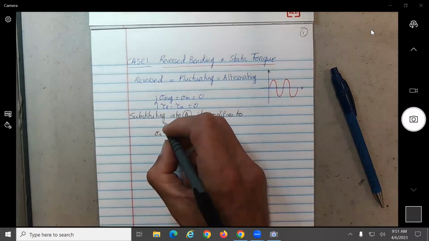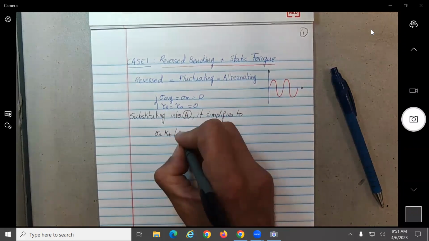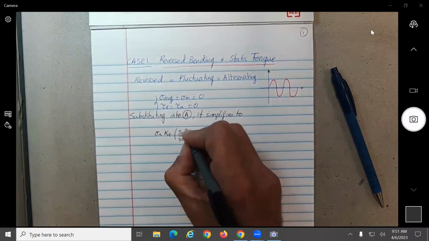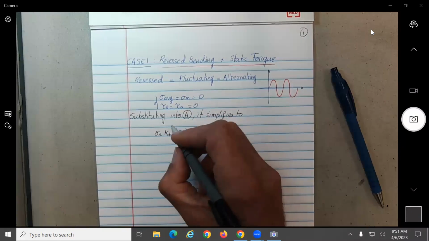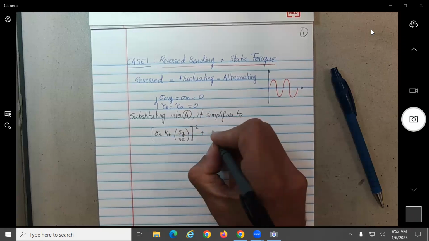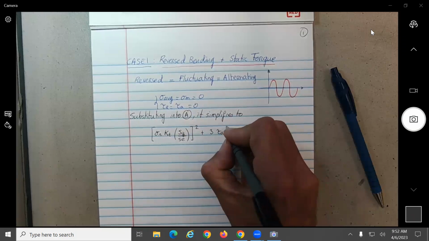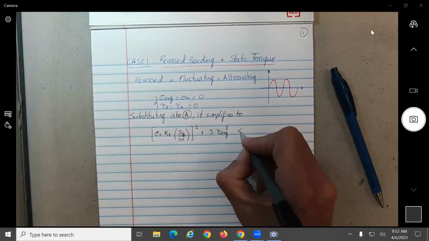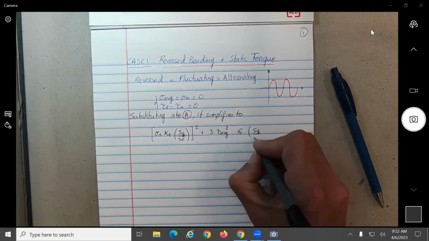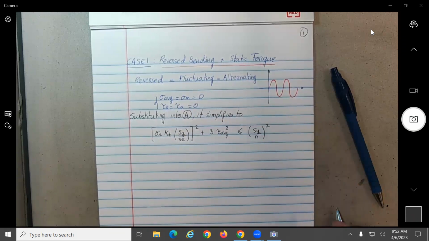sigma sub R, which is the reverse. Well, actually, I changed the order here. K sub T, S yield over S endurance, everything squared, plus 3 times the average shear squared needs to be lower or equal to the S yield divided by the n, I think we use lowercase n if I remember properly, squared.